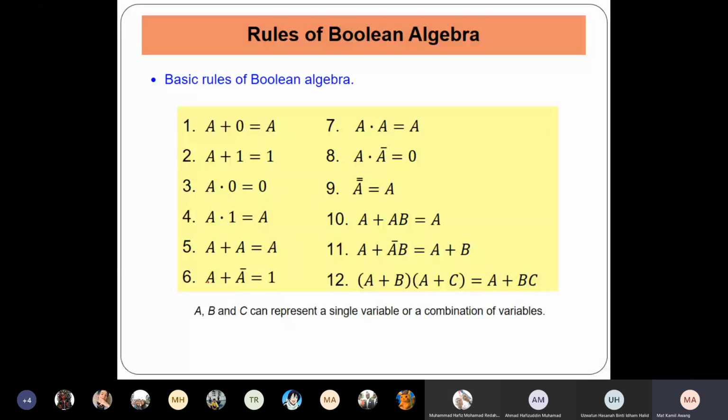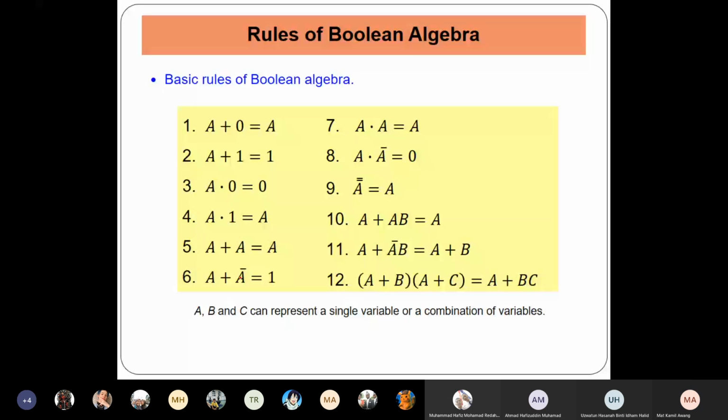If A is 1, OR with anything becomes 1. So basically A OR A bar is equal to 1 because if A is 1, A bar is 0, so 1 OR with a 0 is 1.